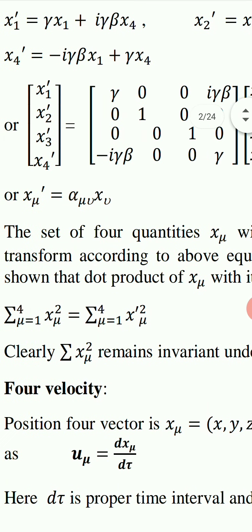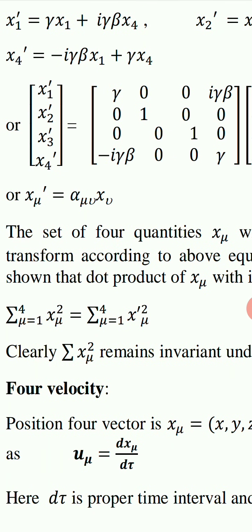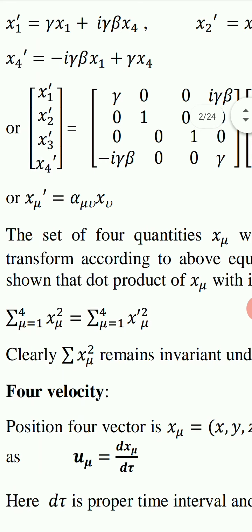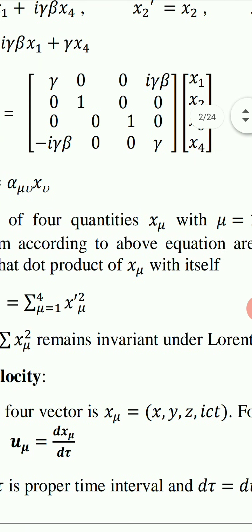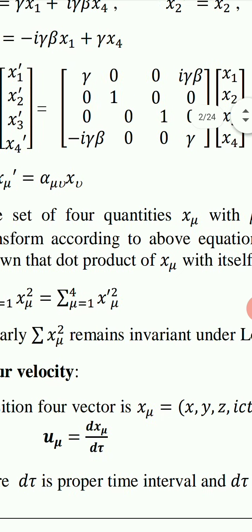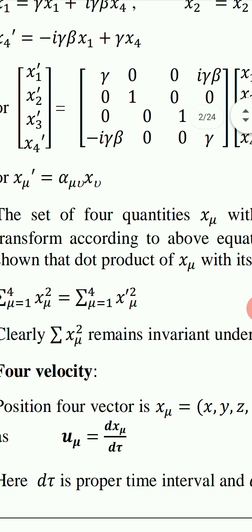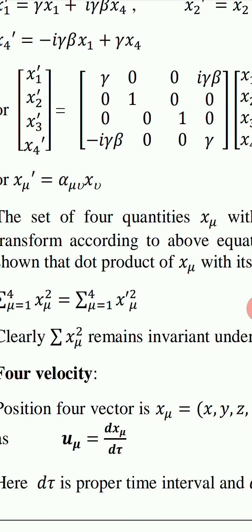Here x mu dash in left hand side and x nu in right hand side are these column matrices, and alpha mu nu is this square matrix.